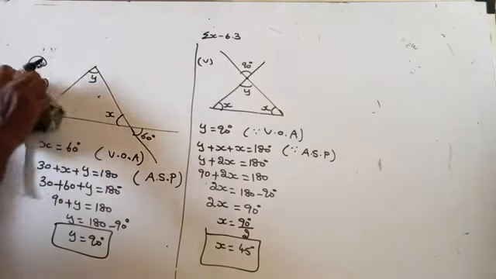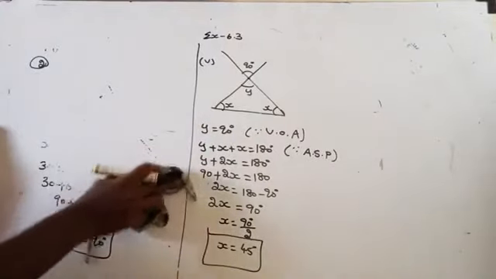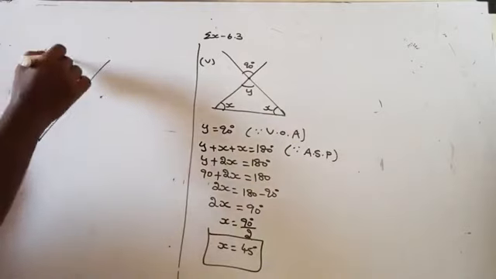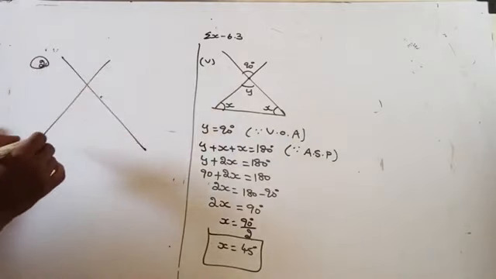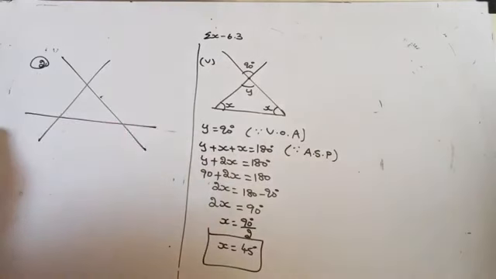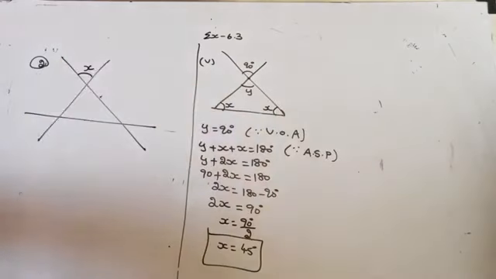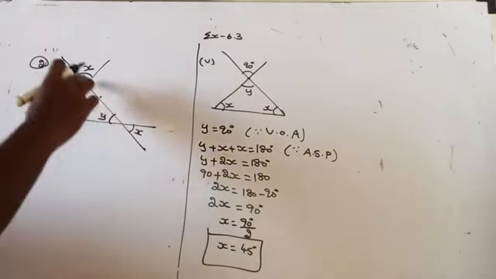Sixth part. This is the given diagram. Here it is x, it's y here, it is x. So here what we can say, these are two lines.